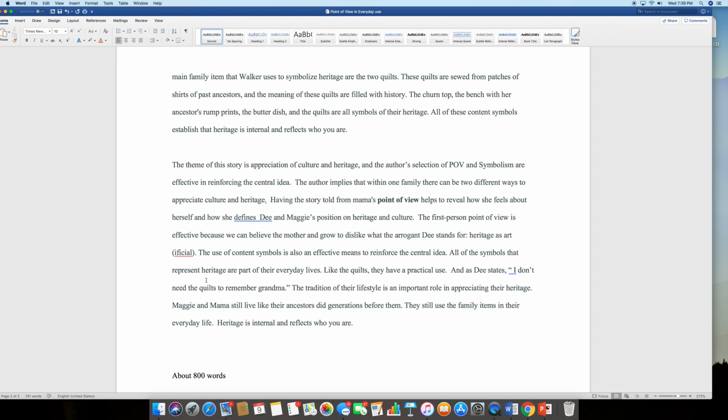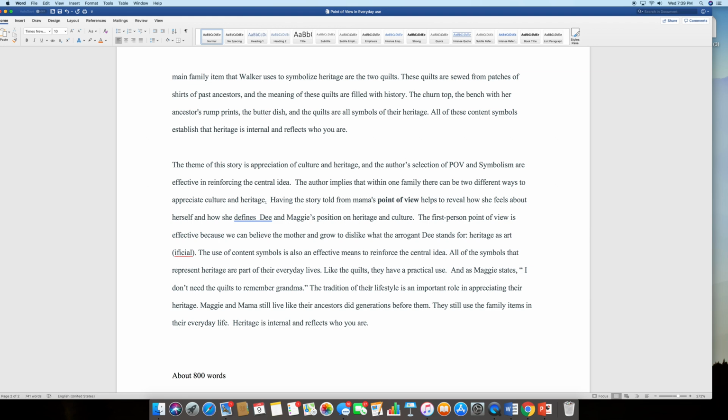All of the symbols that represent heritage are part of their everyday lives. Like the quilts, they have a practical use. As Dee states, error, Dee doesn't say that. It's Maggie. As Maggie states, I don't need the quilts to remember Grandma.